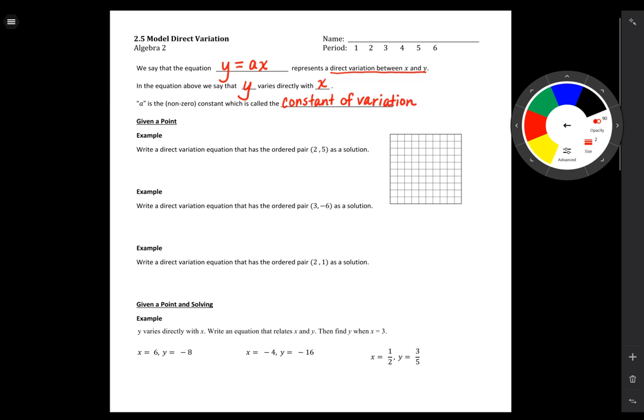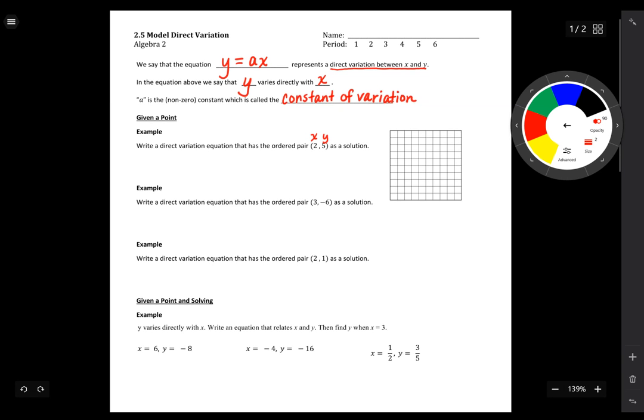Let's do an example. Given a point, write a direct variation equation that has the ordered pair 2, 5 as a solution. So since it's a point, we're going to label it x, y, and here are the steps. Step 1, find a, because we want to know what the constant is.